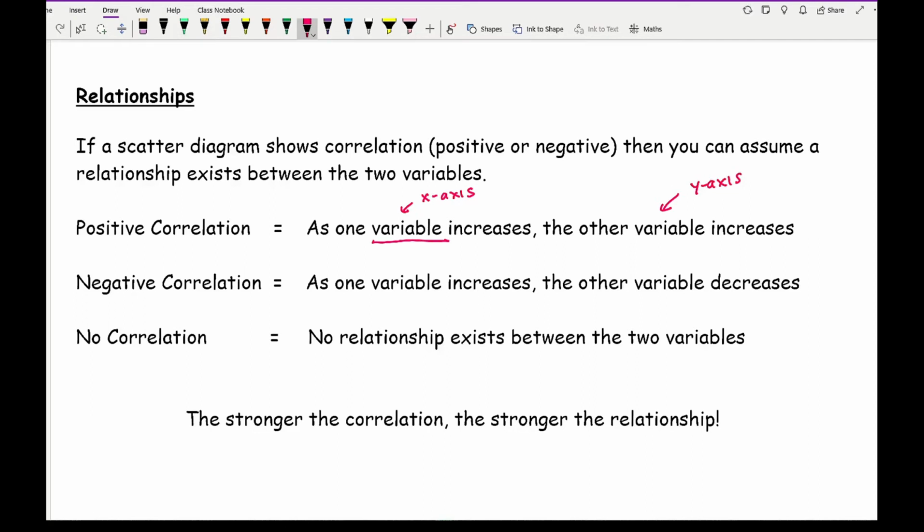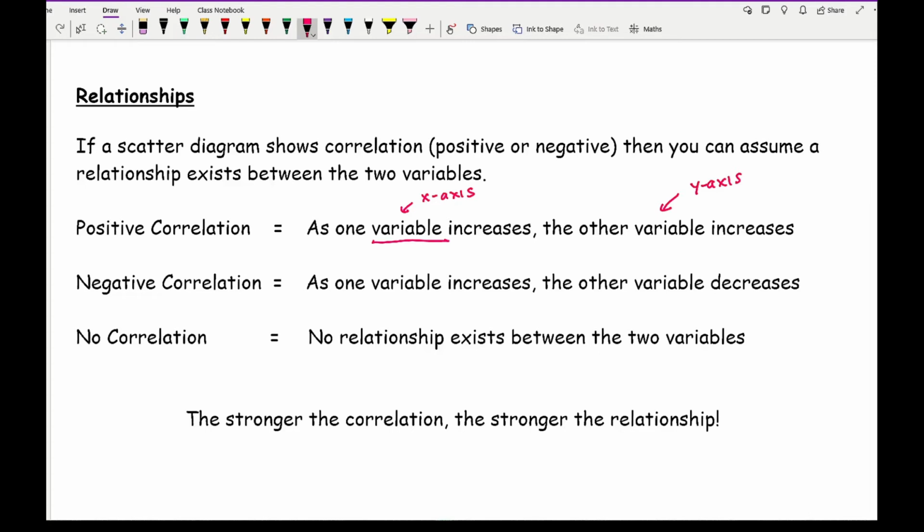So when you're talking about descriptions in exams, I certainly wouldn't use the word variable. I would replace the word variable with whatever the scale is on the x and y axis respectively. Now, if you've got negative correlation, then basically what this means is as one variable increases, the other variable will decrease. So if you've got x and y data and it shows negative correlation, you would say as x increases, y decreases, and that'll be absolutely fine.